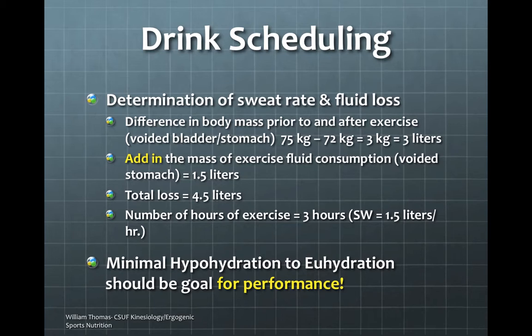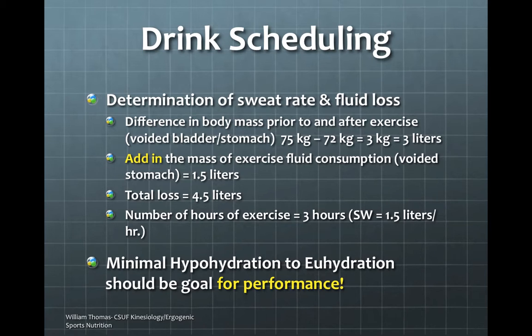Okay, so if your sweat rate was 1.5 liters per hour and you wanted to try 1.5 liters per hour, then by all means. But if you start to accumulate fluid in your stomach, then you can take that down a little bit and just basically minimize the amount of hypohydration.